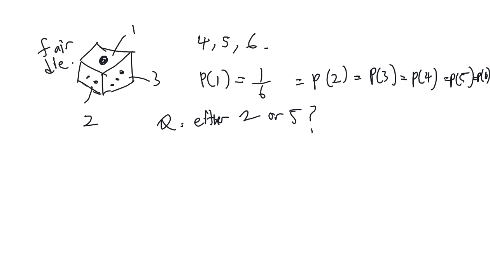So that is the probability of outcome 2 or 5. So this is mathematically expressed.